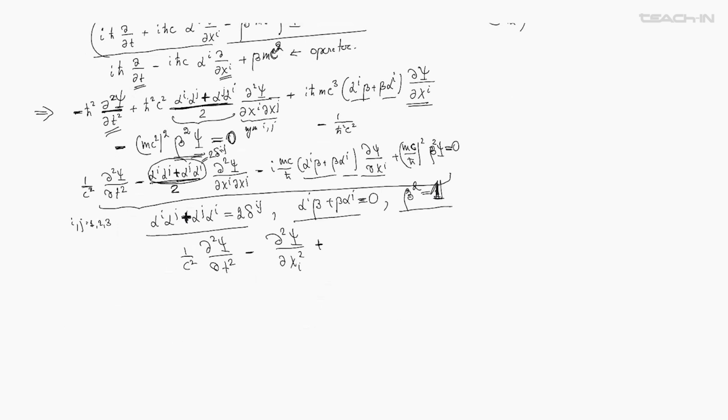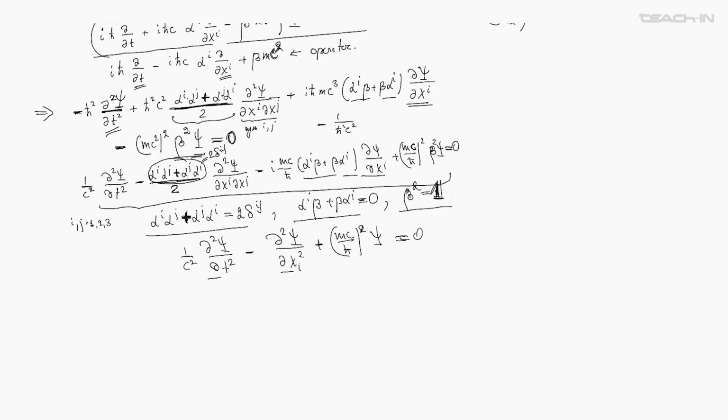There are no matrices involved anymore. So this equation is valid for each component of psi because the matrices disappeared. They are all now coefficients proportional to the identity matrix. So you should think that this Klein-Gordon operator is applied to each component of psi.